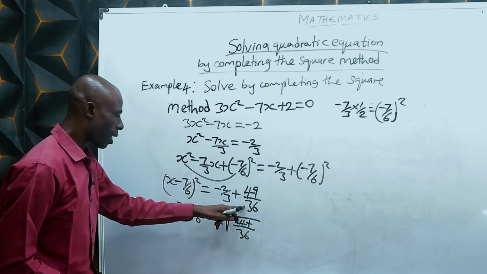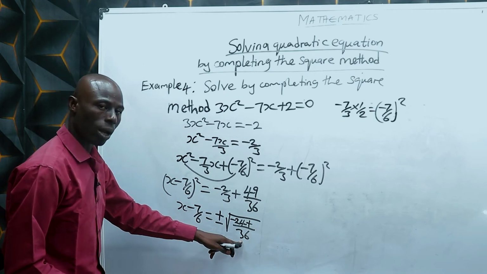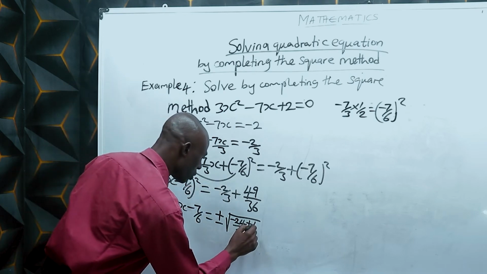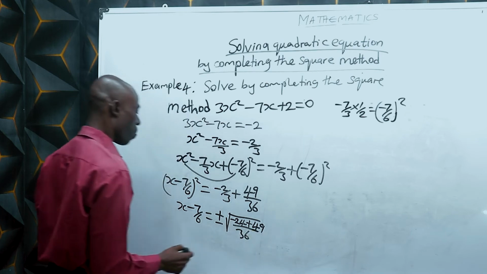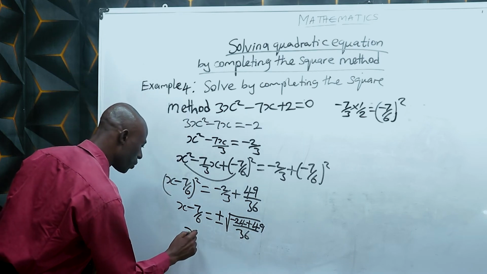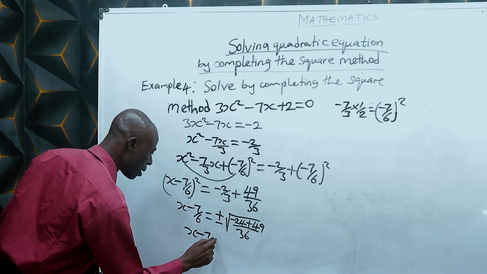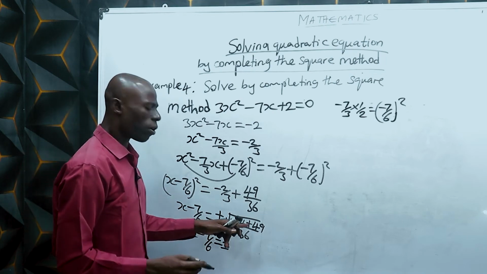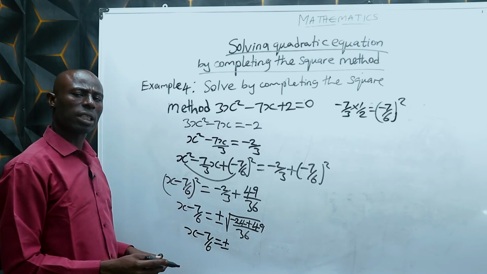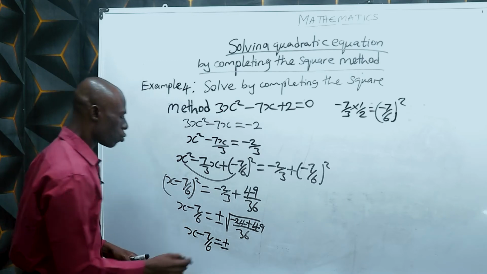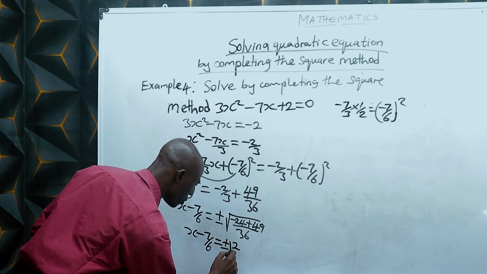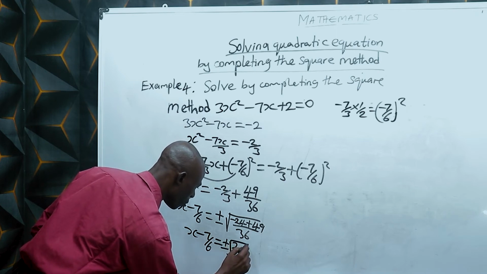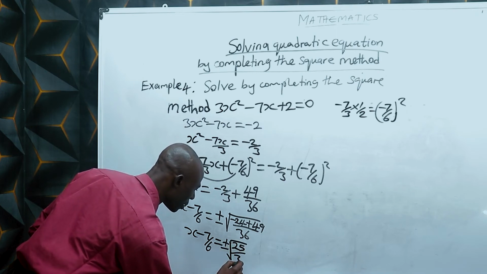Plus 36 in 36 is 1, 1 times 49 is 49. So we have x minus 7 over 6 equals plus or minus the square root of, minus 24 plus 49 gives 25 over 36.